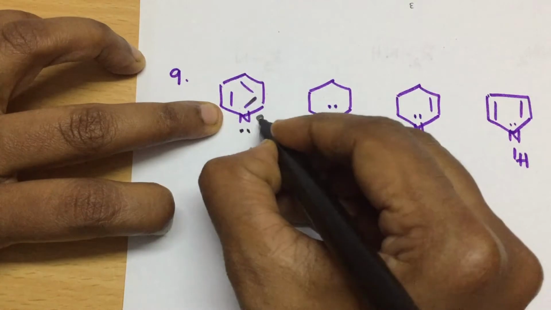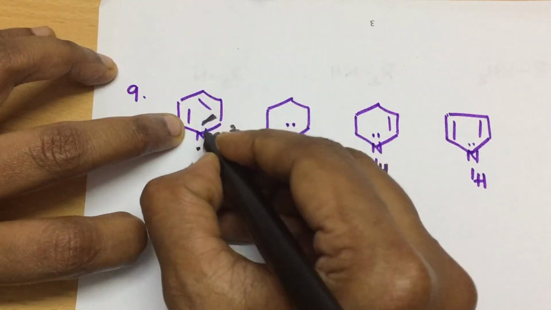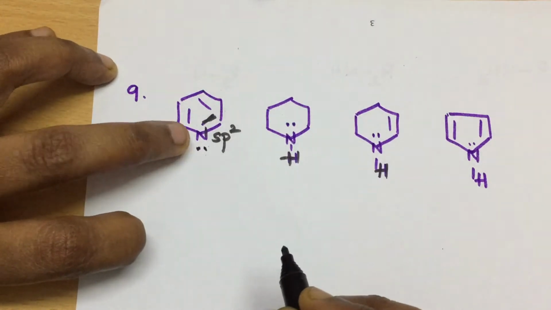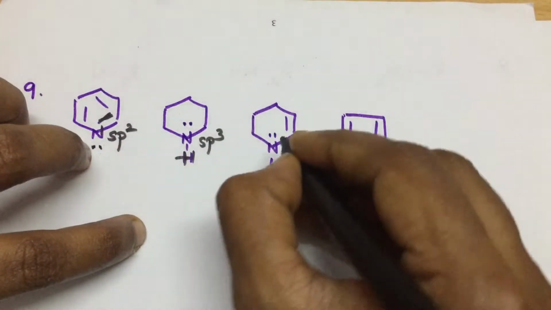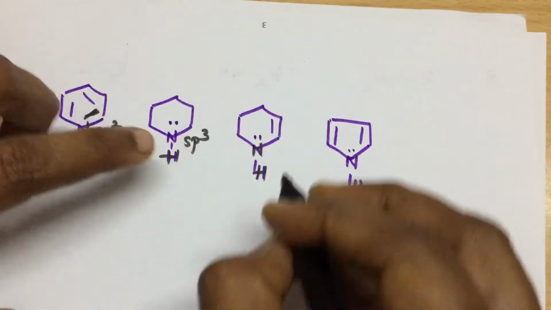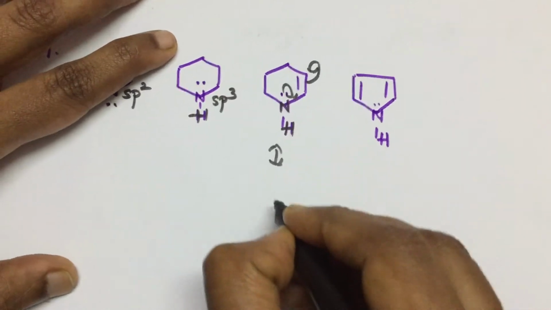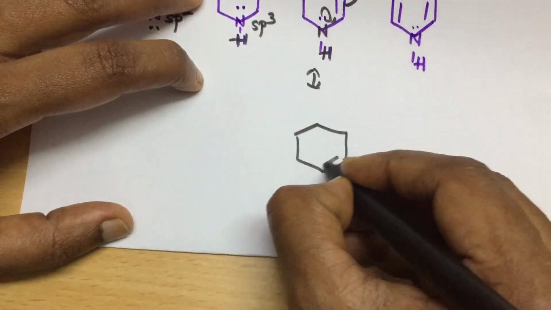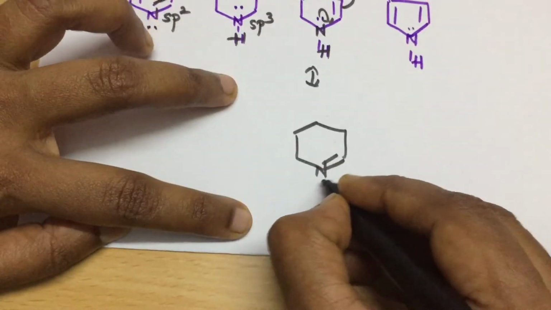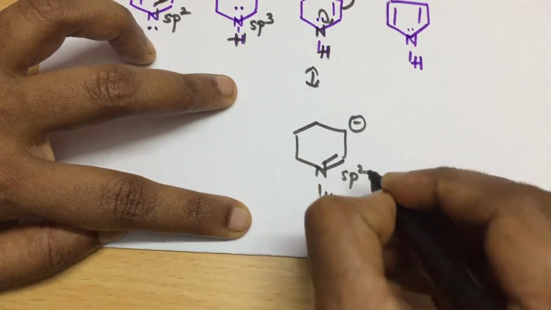This nitrogen is sp2 hybridized, since it is involved in a double bond, C double bond N. And this is sp3, no unsaturation. And here, even though it seems to be unsaturation, it would have involved in resonance. So I can write a structure like this. It is involved in resonance, so it is also sp2 hybridized.